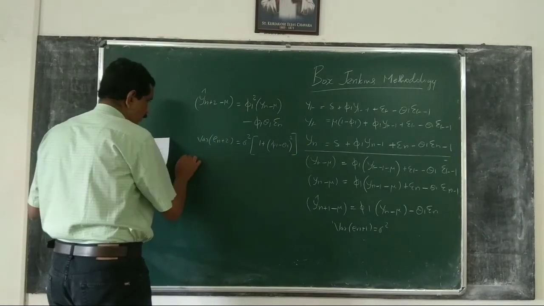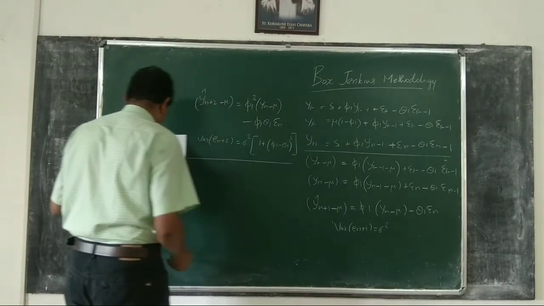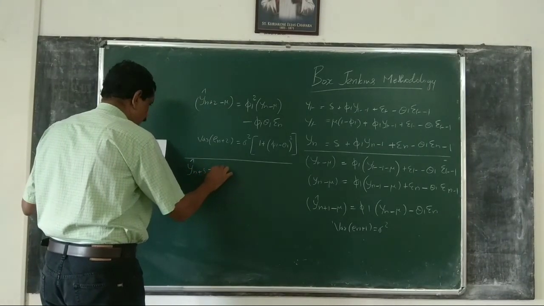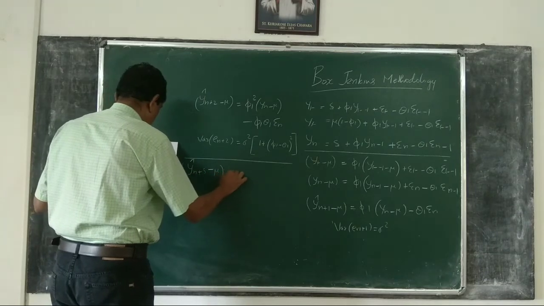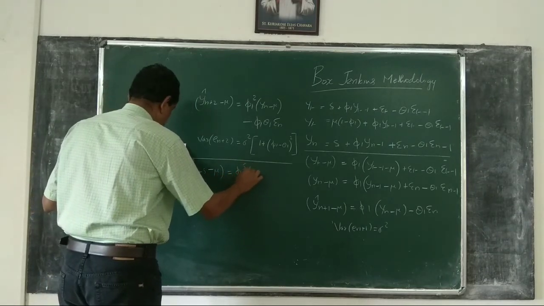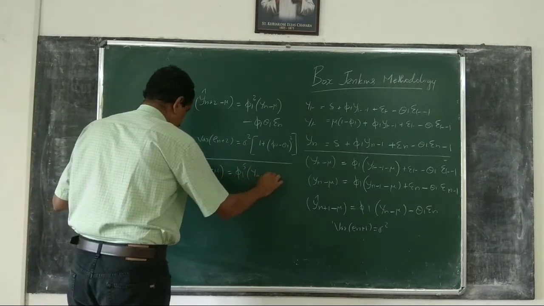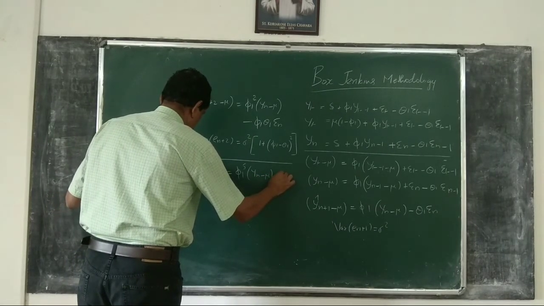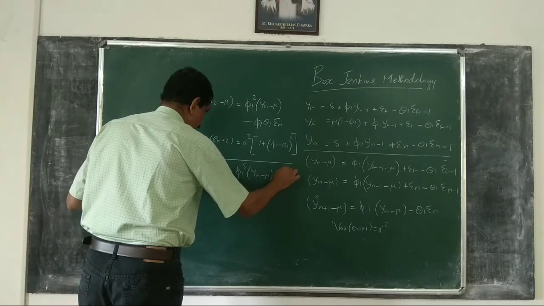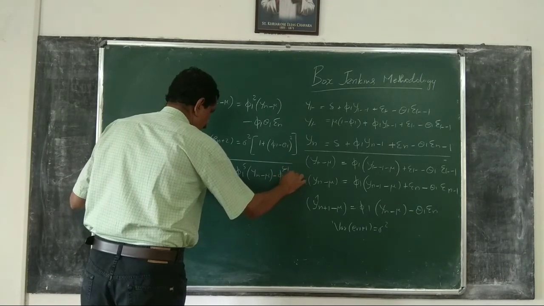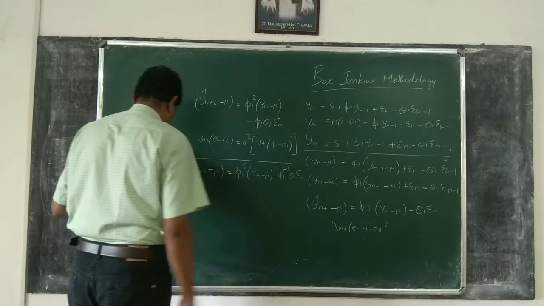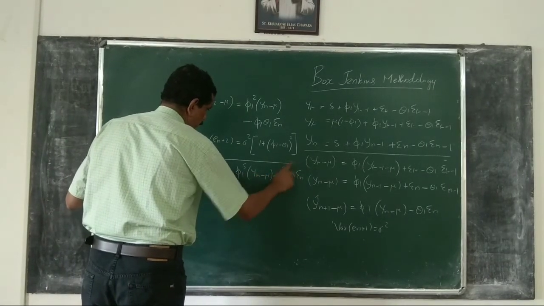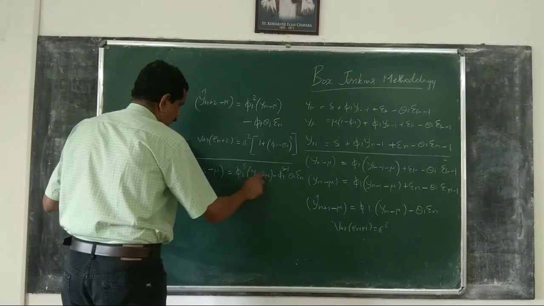If you extend this to the s-th period, y hat n plus s minus mu is equal to phi 1 raised to s into yn minus mu minus phi 1 raised to s minus 1 theta 1 epsilon n. That is, this term approaches 0 and the forecast approaches the mean.